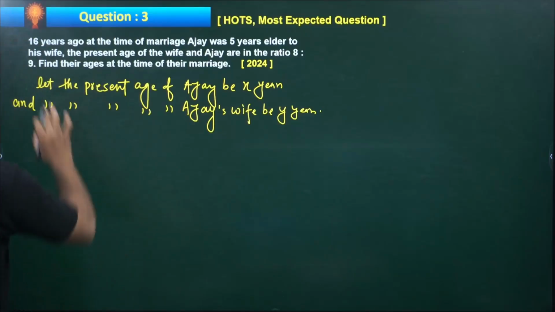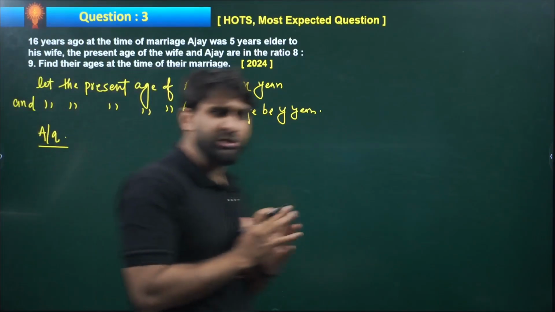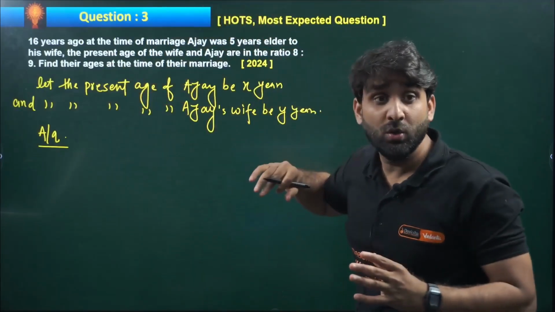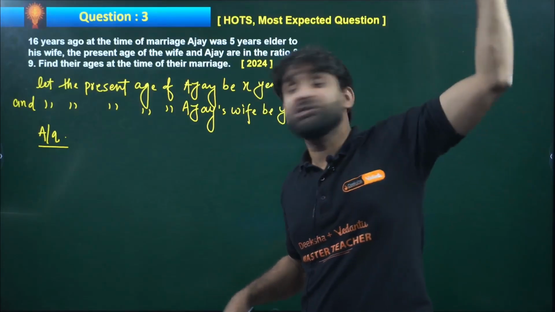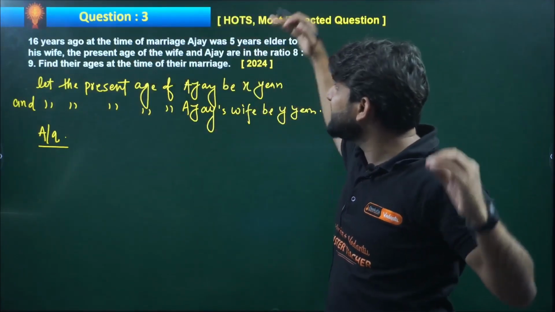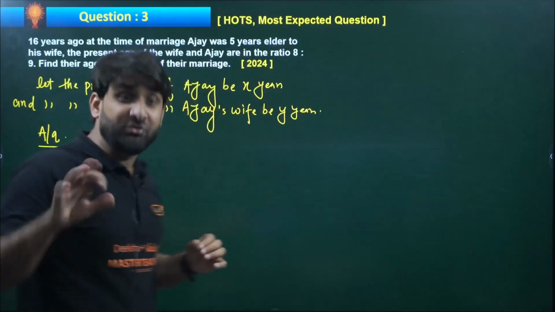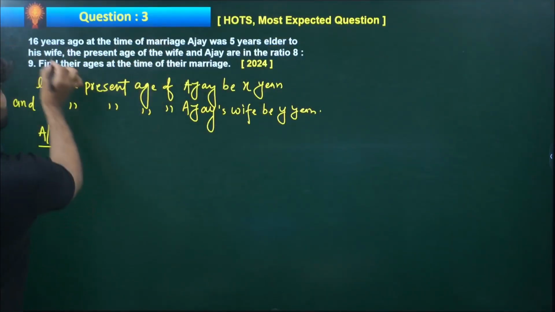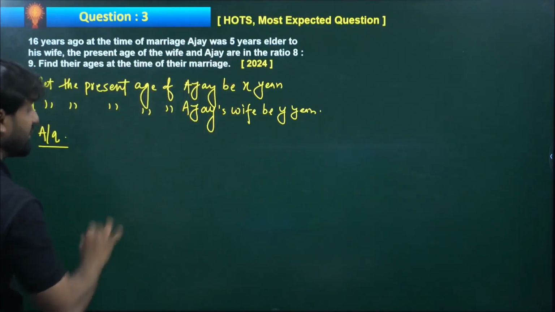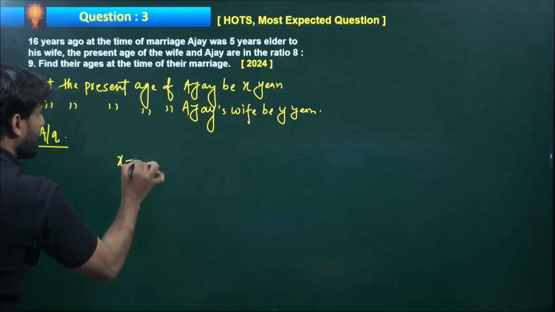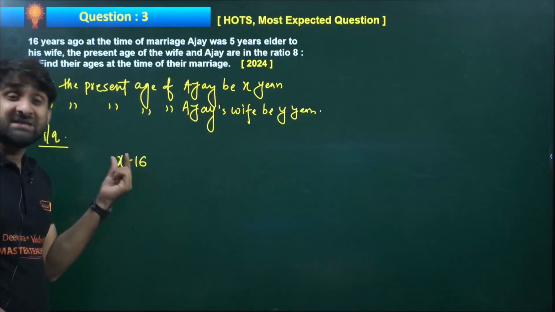Now read the question. 16 years ago. Now according to the question, look at the question carefully. 16 years ago, ago means past. We are talking about the past. 16 years ago, at the time of marriage, Ajay was 5 years older than his wife. Come on, we are talking about 16 years ago. So Ajay's present age is x. So 16 years ago, this was the age of Ajay: x minus 16.